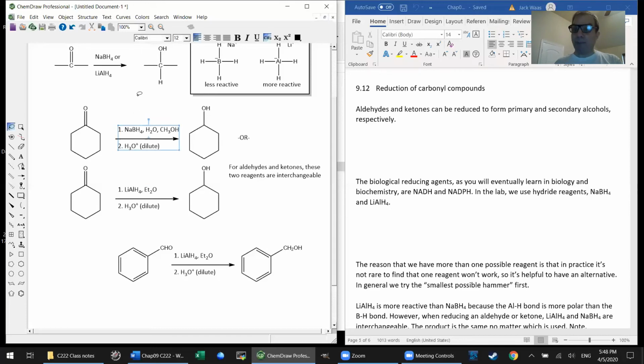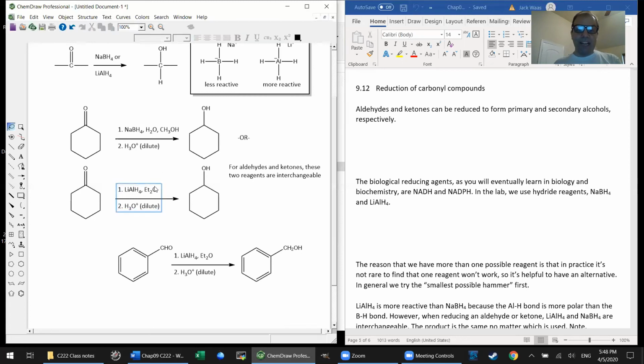Answer is yes, absolutely it does. But it reacts much more slowly than lithium aluminum hydride, and in fact would react faster with the carbonyl compound. So you're generally pretty safe using a protic solvent with sodium borohydride, and that is usually what we do when we use sodium borohydride, not LAH. LAH will react very violently with a protic solvent.